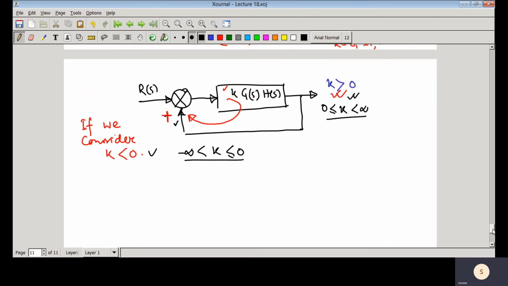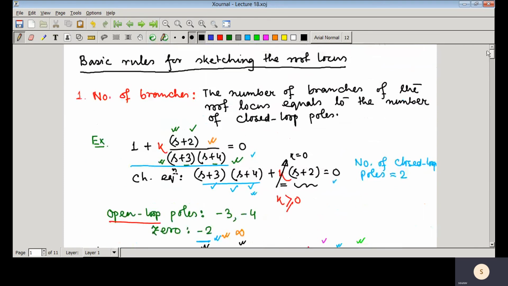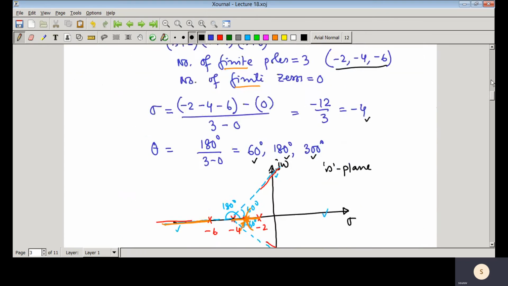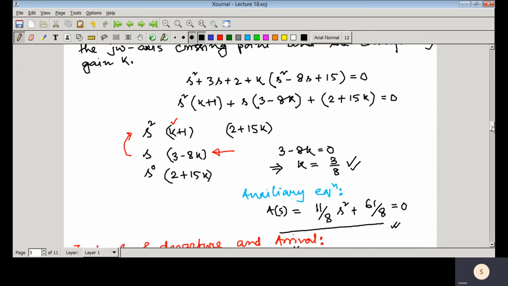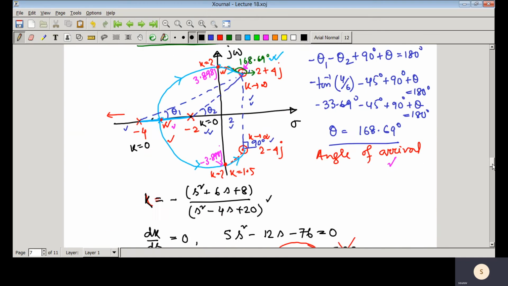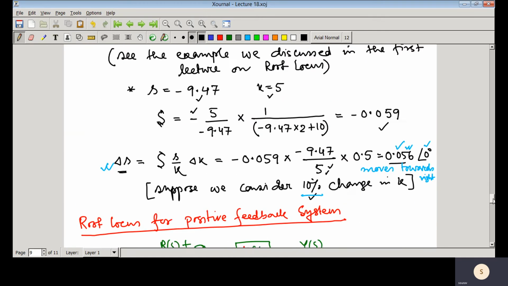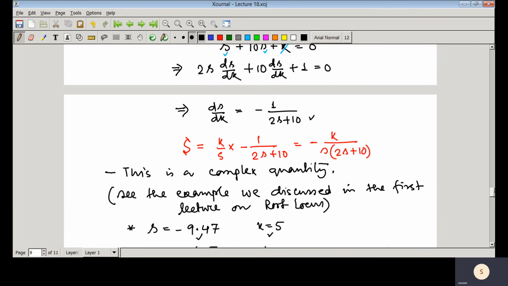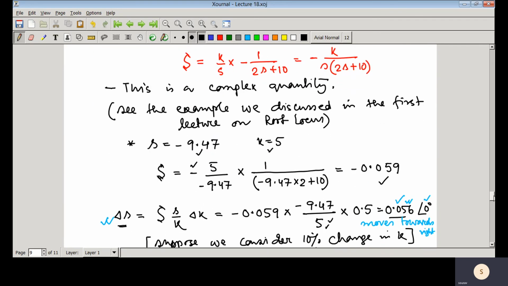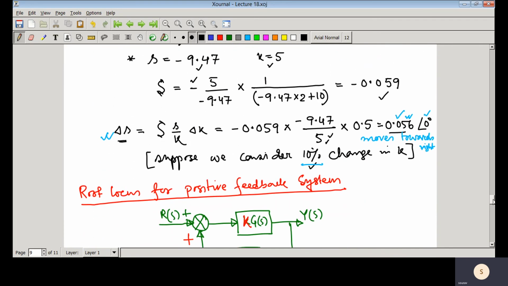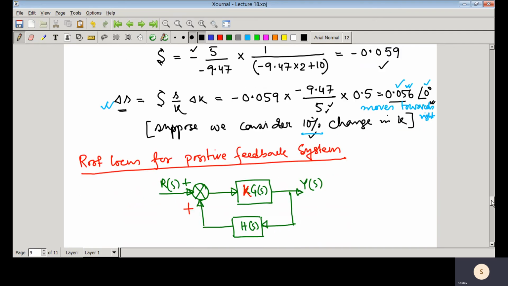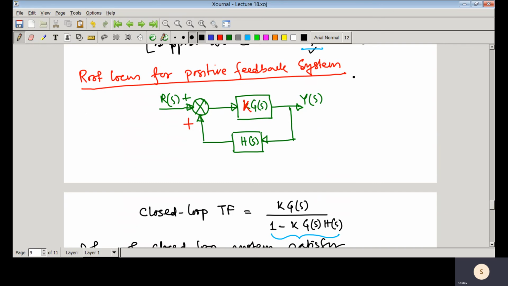So what we have discussed in the root locus: here there are the 7 rules for sketching the root locus, and we have solved some examples to understand those rules. And then we defined what is root sensitivity. Root sensitivity is a complex quantity, and it gives the value as well as the directions. That means along which direction the closed loop poles will move once there is a change in that parameter. And this is the root locus for positive feedback system.